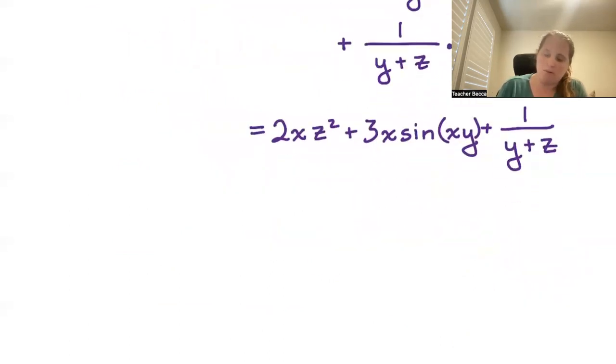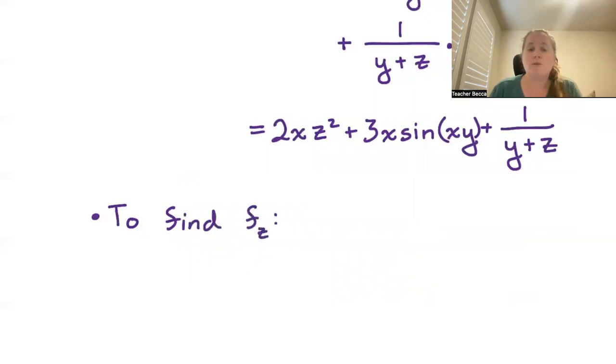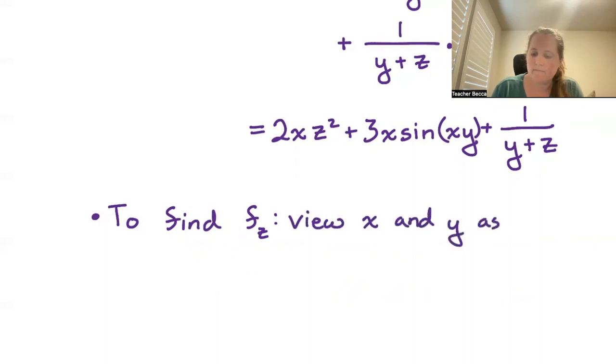Last up, we do our partial with respect to z. For our partial with respect to z, we view x and y as constants and differentiate with respect to z.